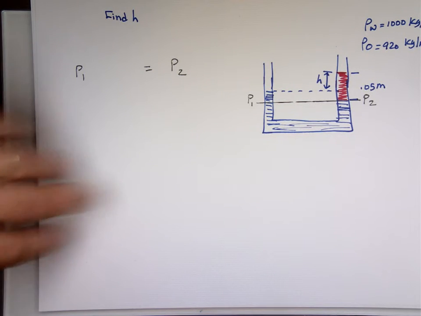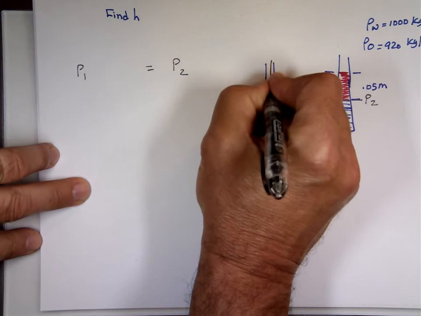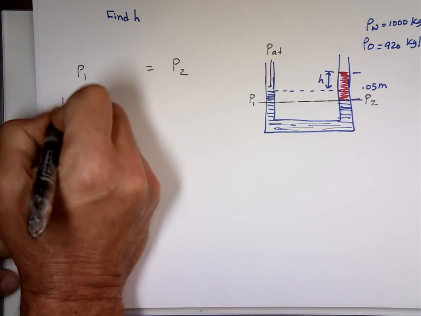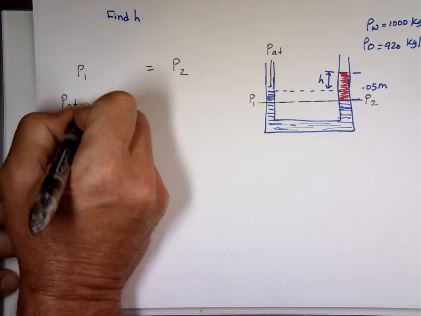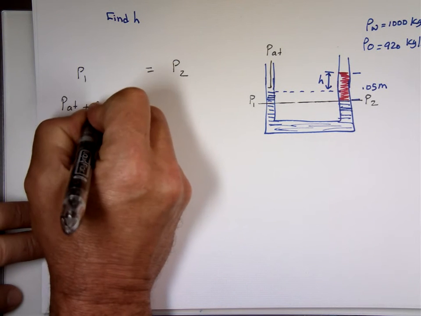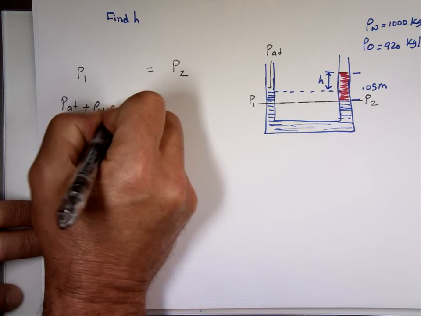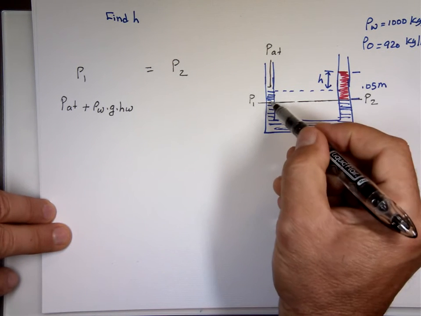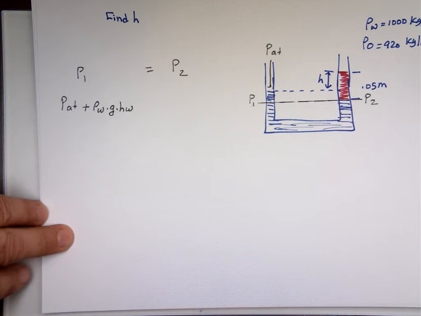Well, what is the pressure at point 1? First, we have the atmospheric pressure pushing down, plus the weight of the water. So rho for the water times gravity times the height of the water. And my next question for you, how high is the water? What's the height from here to here? We'll come back to it in a minute.